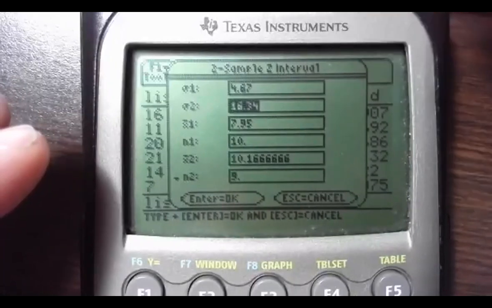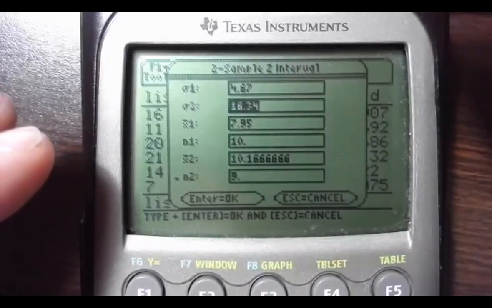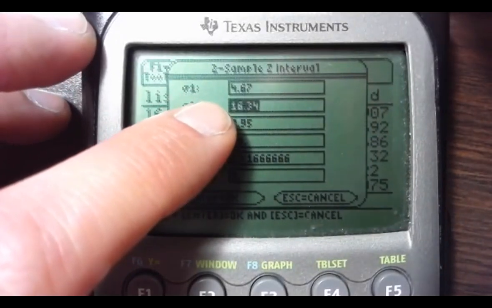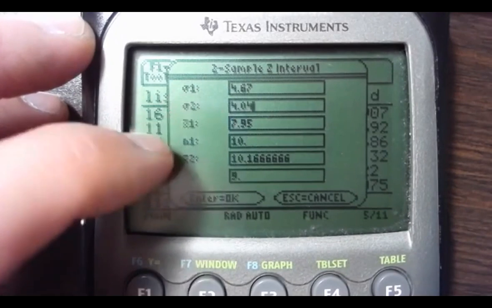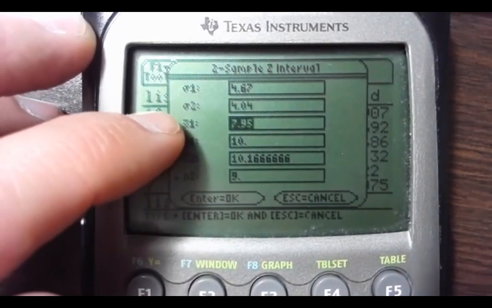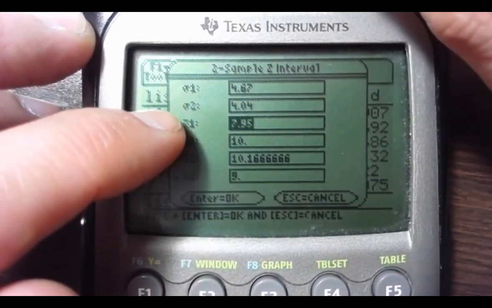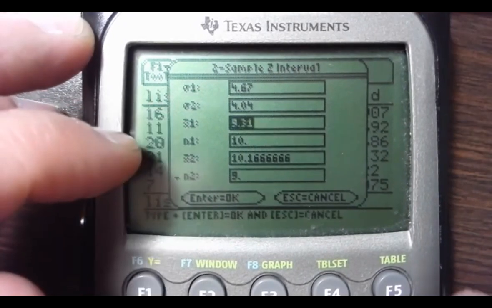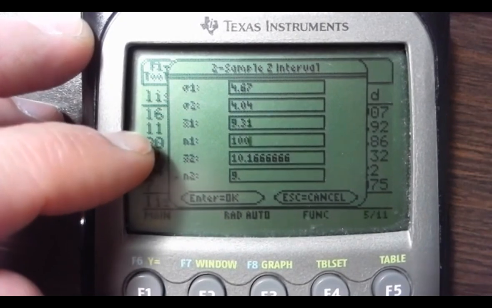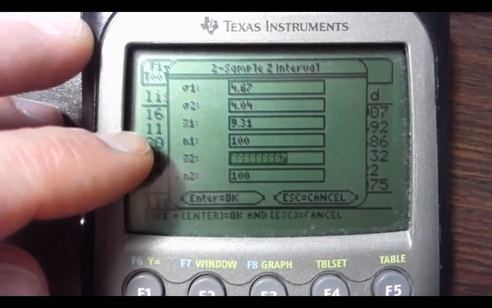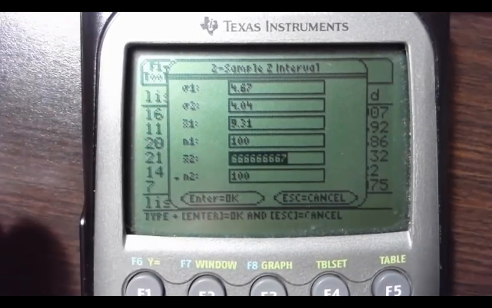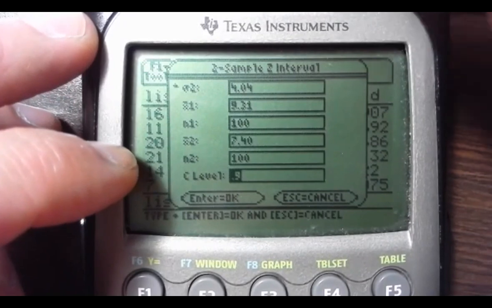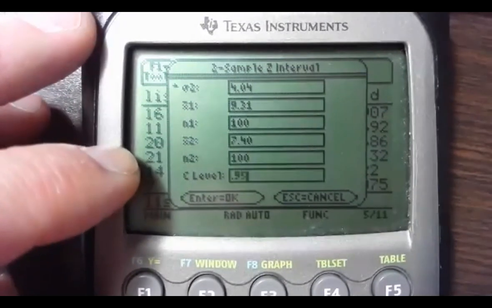Looking at our numbers, we've got 4.67 in the first one, 4.04 in the second one. X bar 1 is 9.31. N was 100, and N was 100 down here too. X2 bar is 7.40. And our C level was, I believe, 0.95.